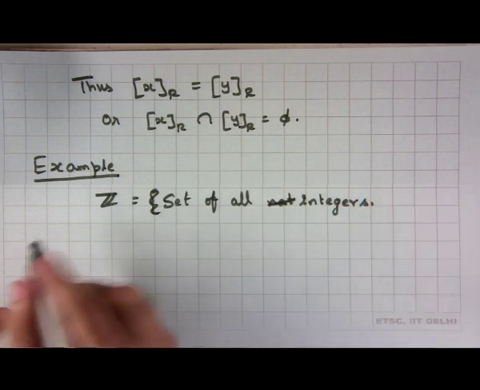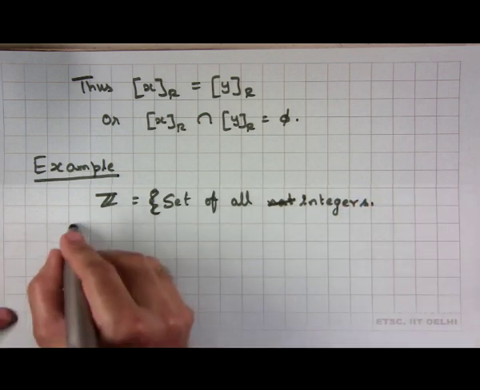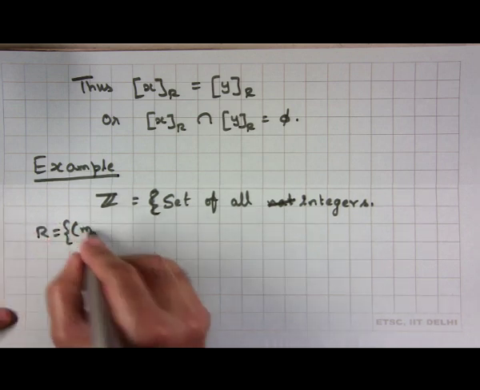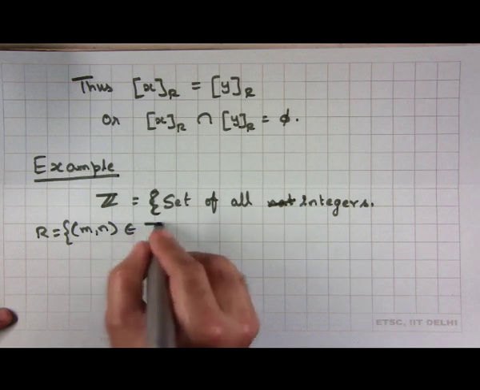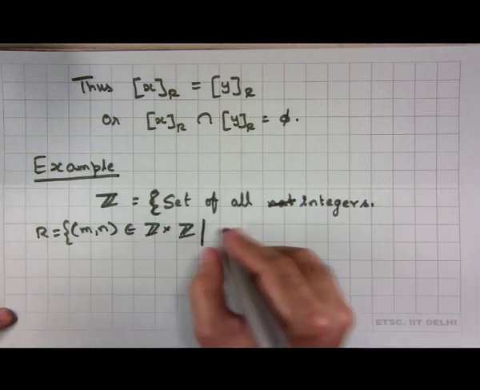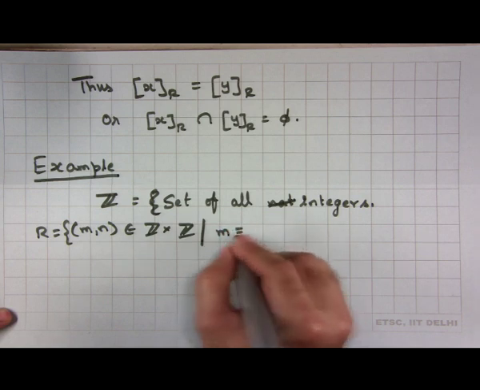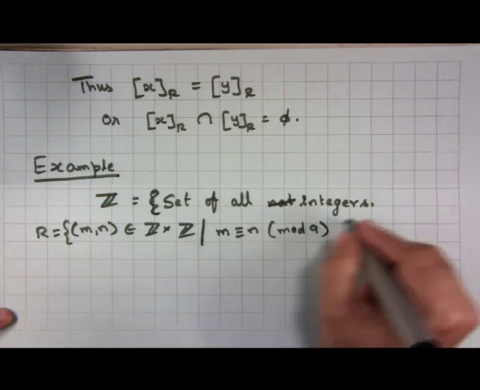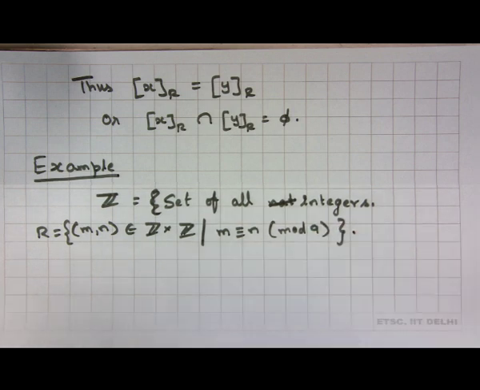And the relation that we had is R equal to all those m comma n in Z cross Z with the condition that m is congruent to n modulo 9. This was one of the examples that we had. Now, let us try to write down all the equivalence classes for this relation.